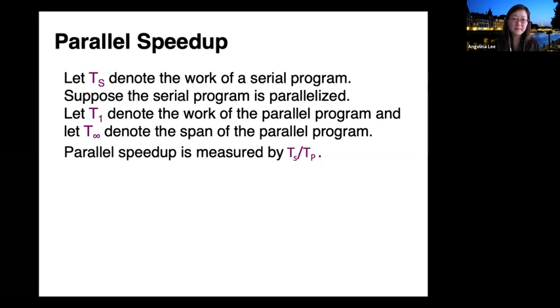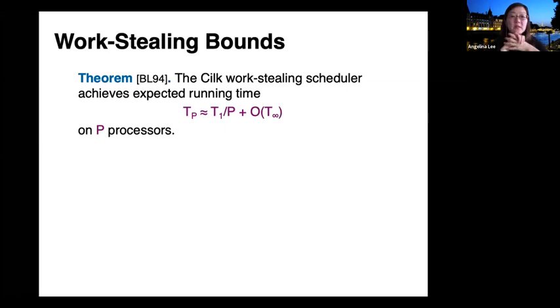And typically, when we measure the execution time running the parallel code on P processors, we measure how much parallel speedup that code gets on P processors by taking T_S divided by T_P. Now, in terms of the work stealing scheduler, it's been shown that it achieves the following expected running time.